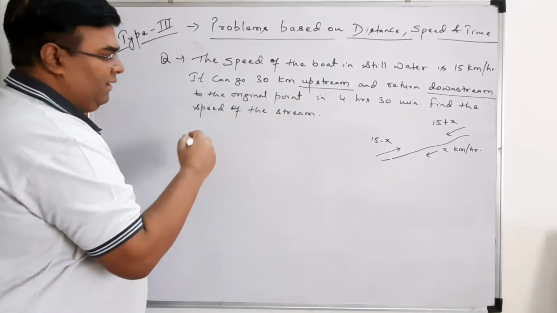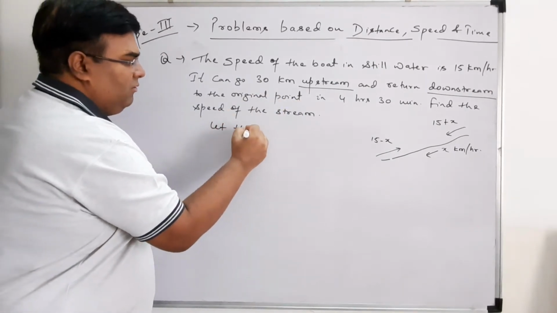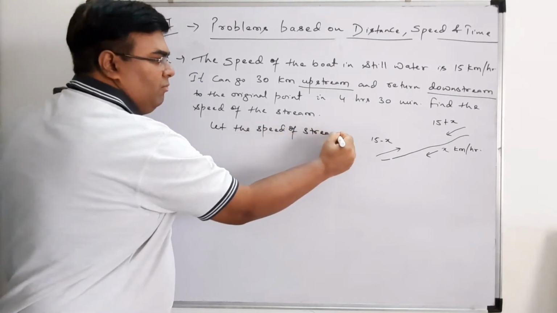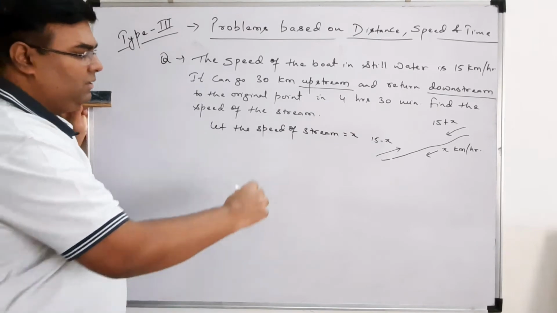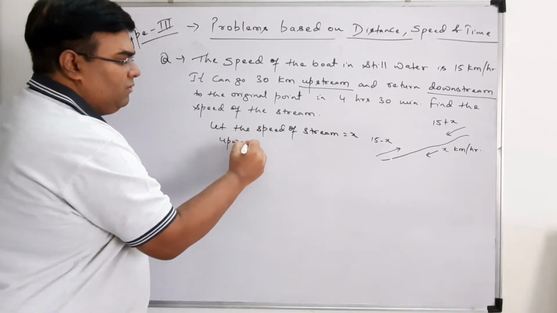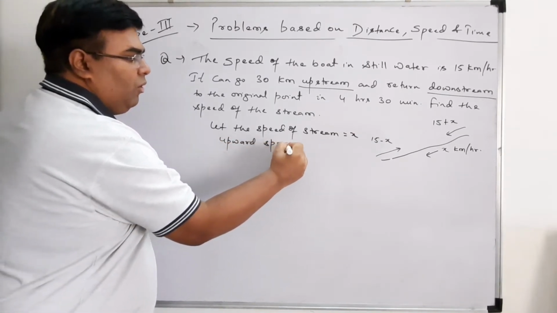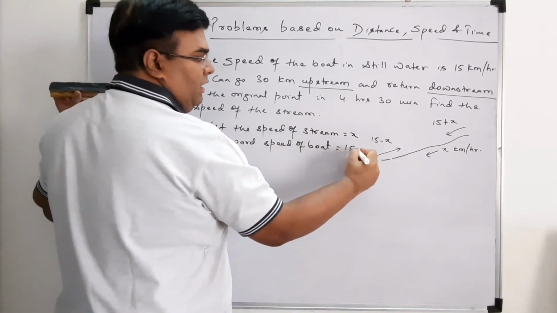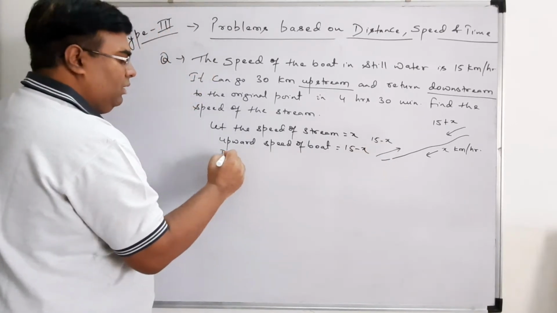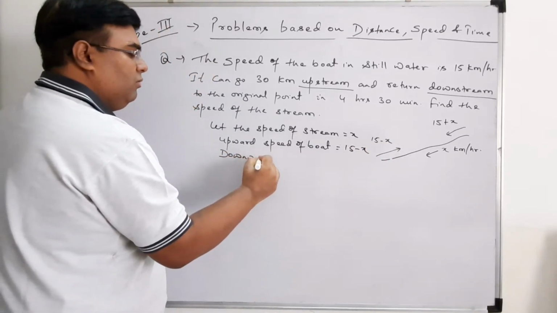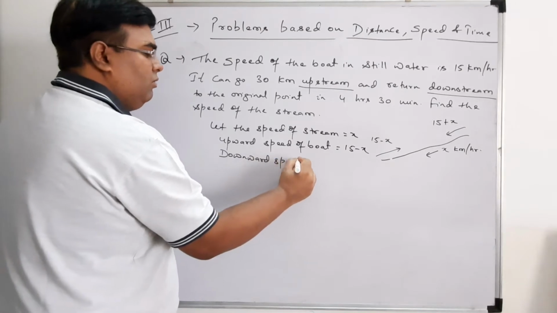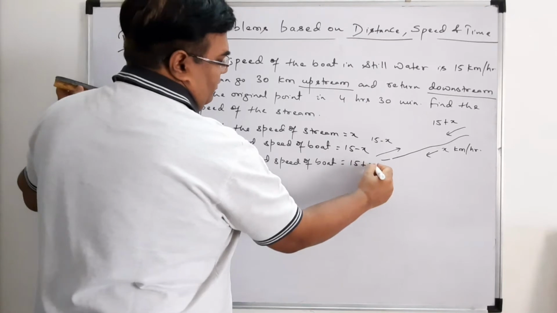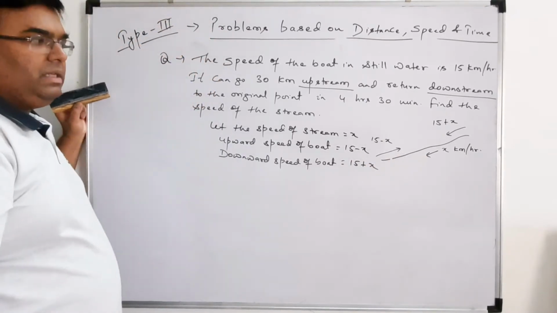So we have assumed, let the speed of stream be x. So my upward speed of boat is 15 minus x, and downward speed of boat is 15 plus x.